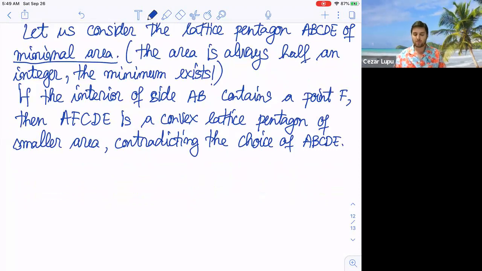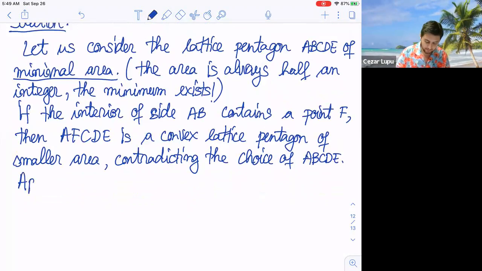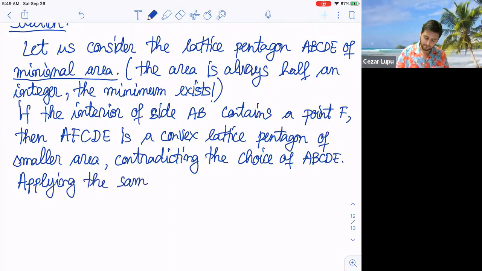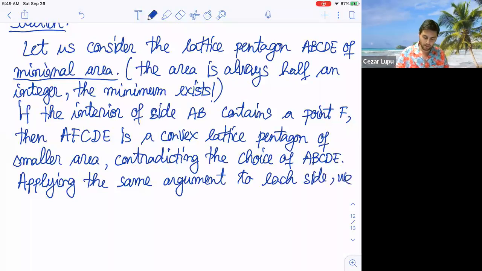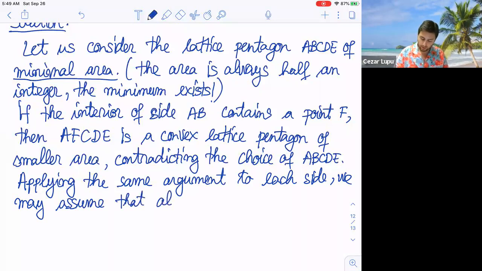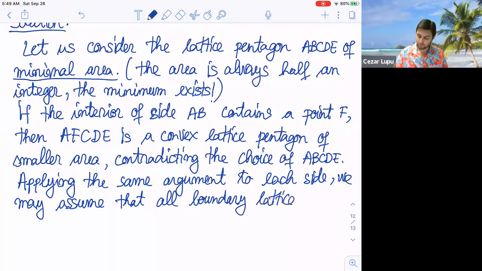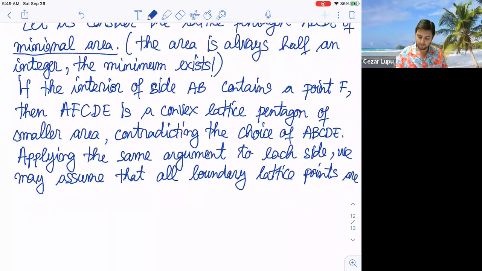So applying the same argument to each side, we may assume that all boundary lattice points are vertices. That's great.